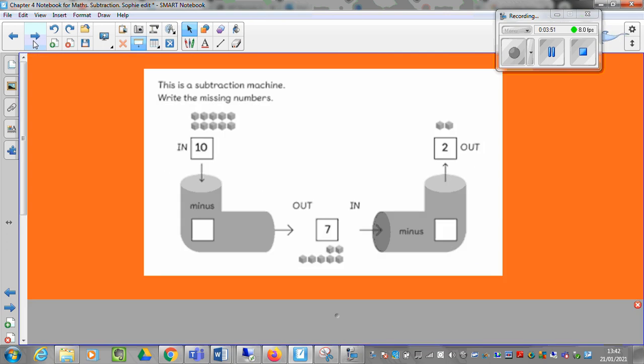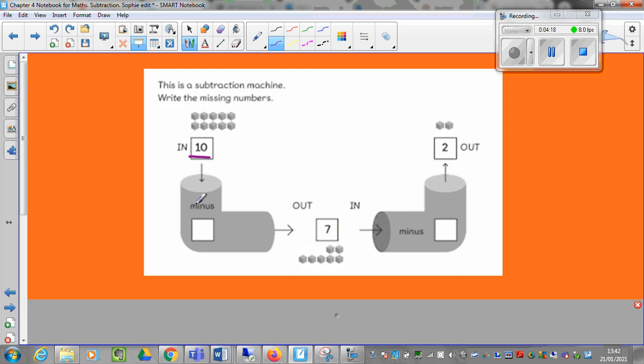Okay, for our second sheet then, this is the first question, and this is a subtraction machine. We made an addition machine a couple of weeks ago. And it says that there are 10 cubes here, and it's going to go through the machine and come out here. What you need to do is write the missing numbers. So this many cubes went in, and it tells me that there are 10 cubes.